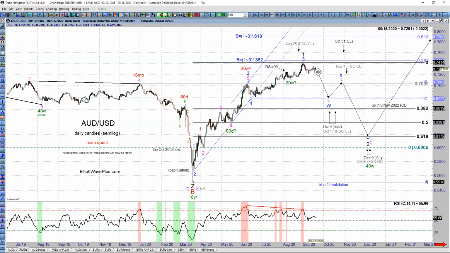I am bearish, and so is cycles analysis: down into mid-October next, a rebound into early November, and then on down through early December. Major low, major buying opportunity there in early December on the Australian dollar, and we might be able to hold that for quite some long period of months.